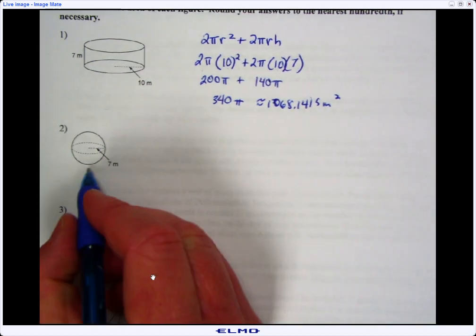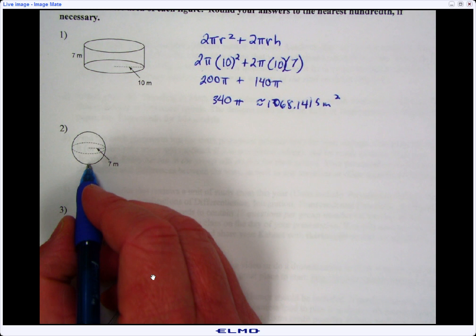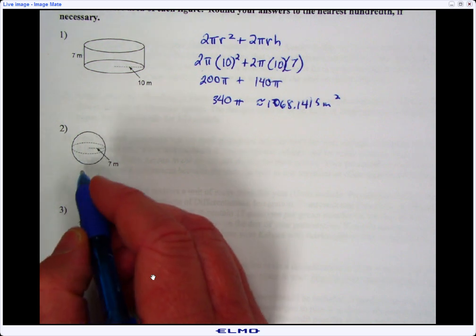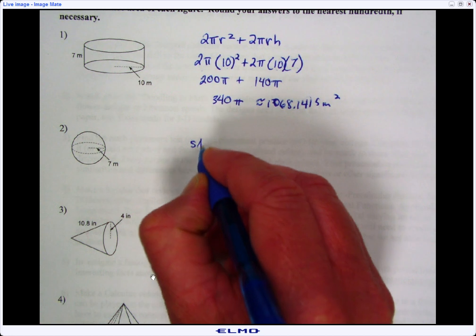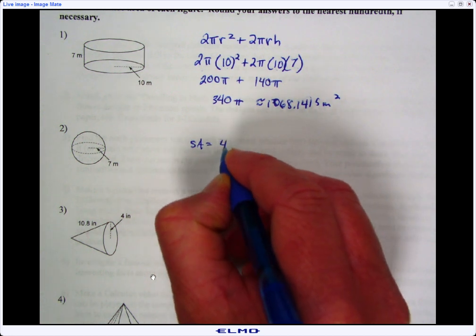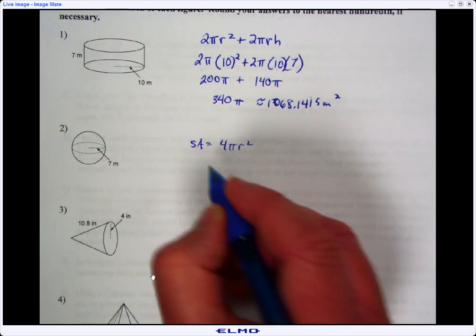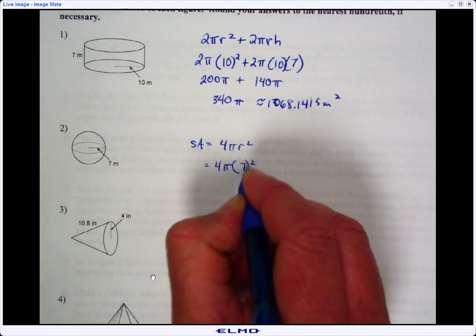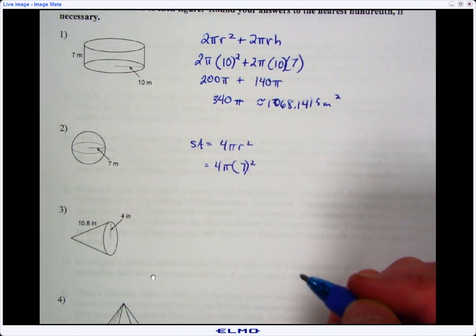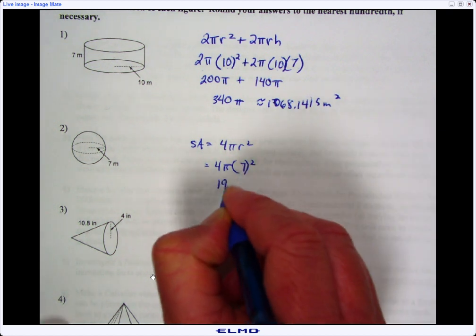The sphere is the easiest one. Sphere is a ball. The formula is given to you by ISTEP, 4 pi r squared. So if you know r, you just plug it in. So 49 times 4, 196 pi.